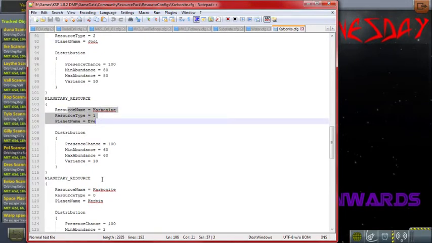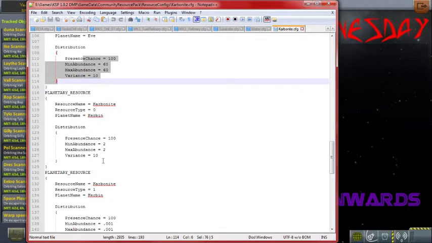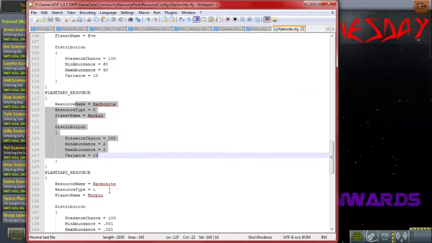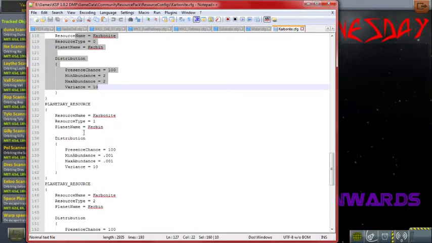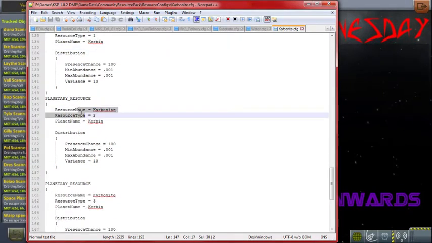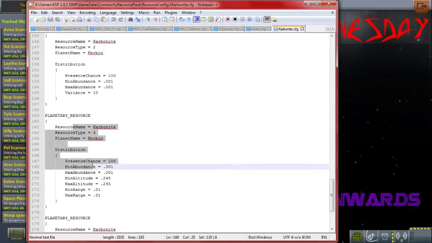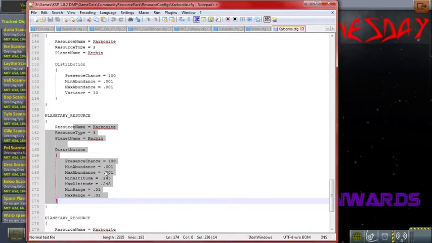The oceans on Eve all have carbonite at quite a high level. Carbonite definition for Kerban. Kerban's oceans. Kerban's atmosphere. And the space around Kerban itself.